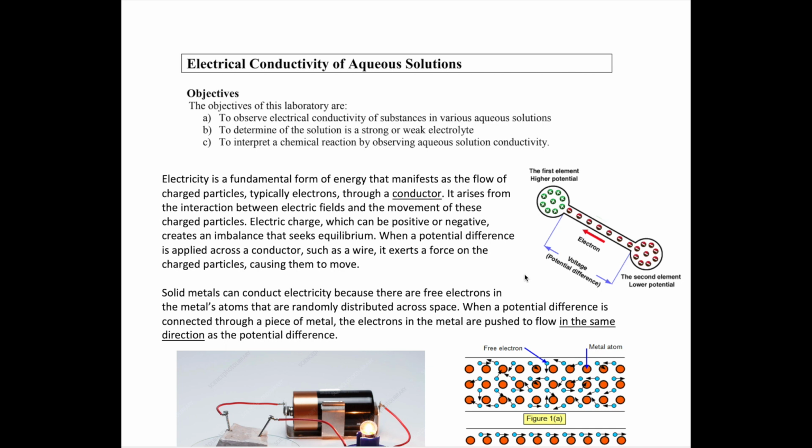What we want to start with is just talking about what electricity is. It's a form of energy that we observe because of a flow of charged particles, and typically in this case it will be electrons. The electrons have to be able to go from one place to another through what we call a conductor.